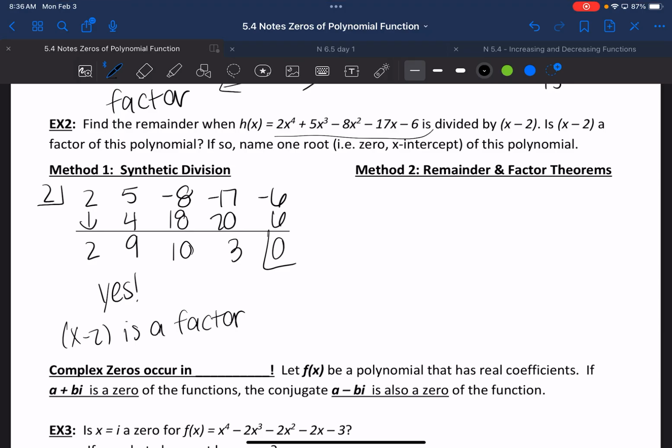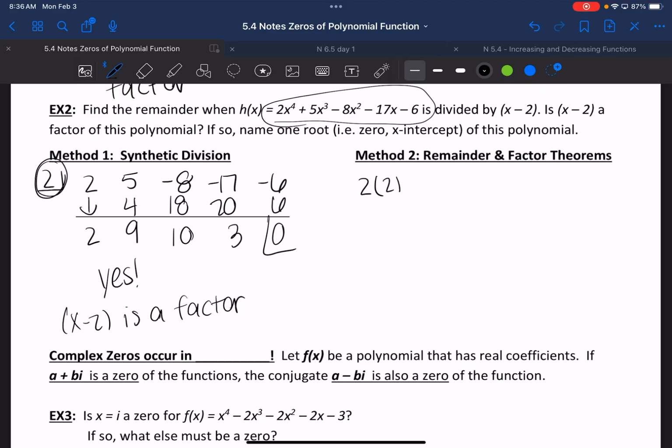So I would go back up here to my original function. I would have 2 times, remember this is the value I'm plugging in, 2 to the 4th plus 5 times 2 to the 3rd minus 8 times 2 squared minus 17 times 2 minus 6, right?